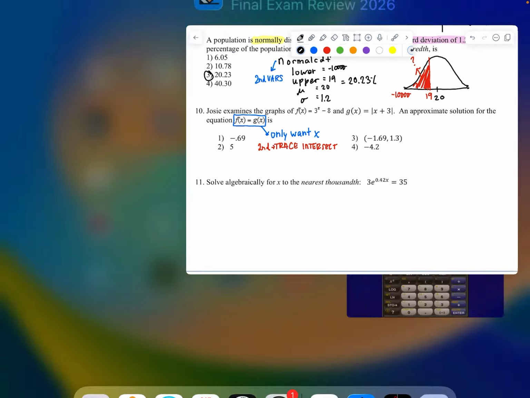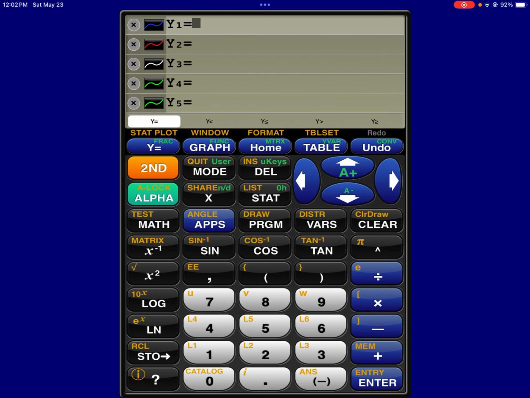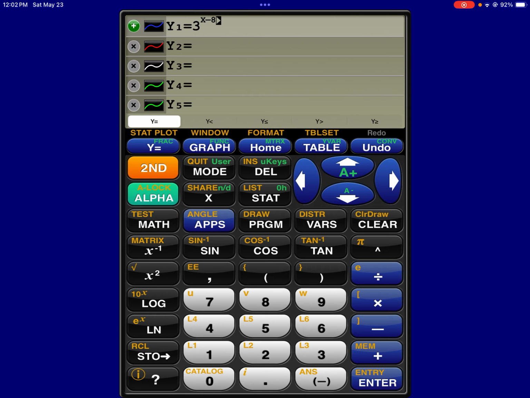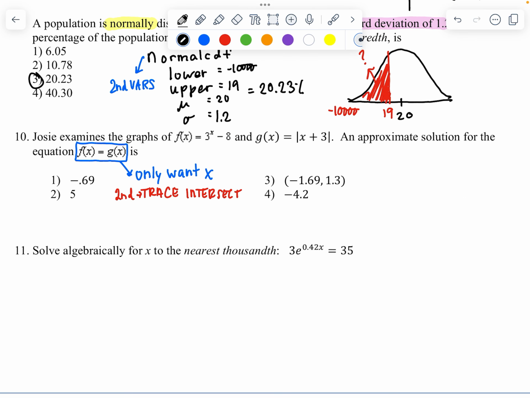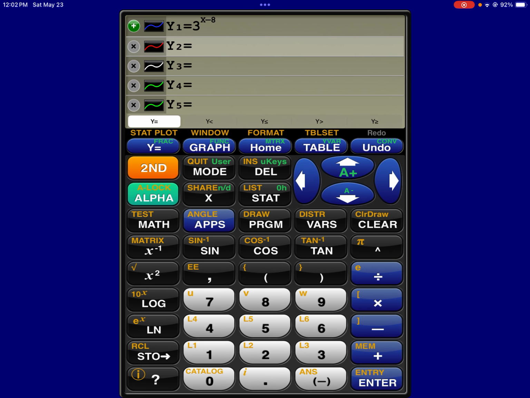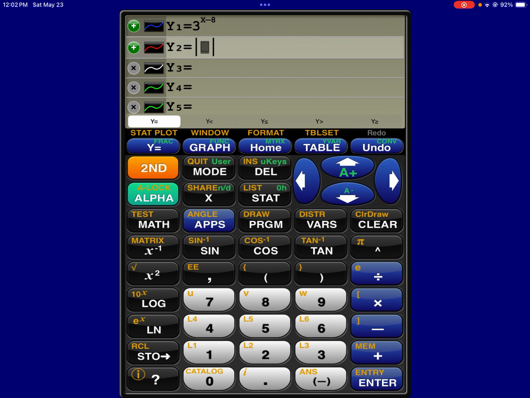We have 3 to the x minus 8, 3 to the x minus 8, and then the second one is the absolute value of x plus 3. And to get to the absolute value, you're going to press math, num, abs. So math, num, abs.